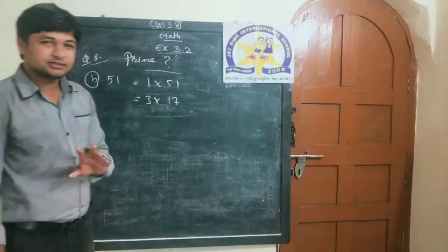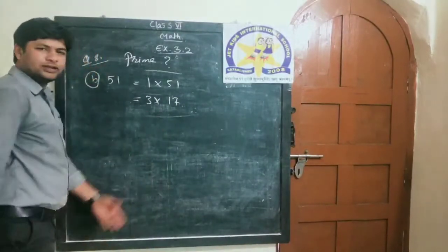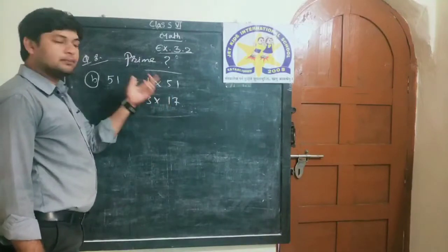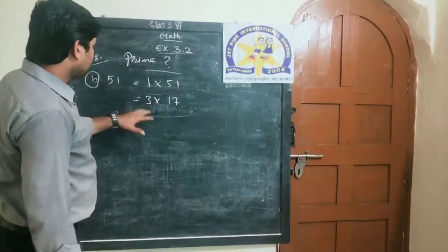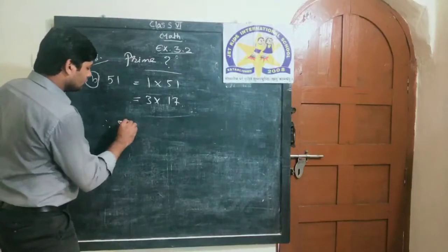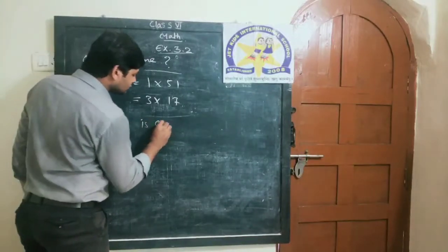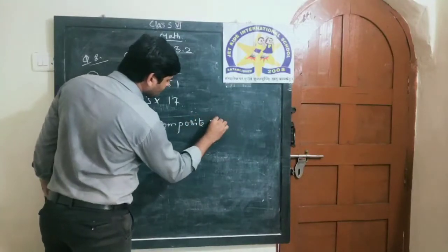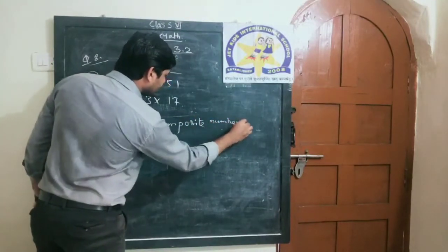That's why tables are important. So no need to find further. We came to know that it has more than 2 factors. That's why 51 is a composite number. Clear?